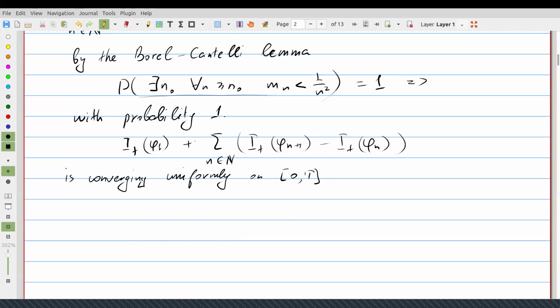And why is it important? Because a partial sum of the series is exactly our original integrals. So we see that this limit exists, it equals the series, and the series is converging uniformly. The uniform limit of continuous functions, and we know that stochastic integrals are continuous for simple processes, is again a continuous function.